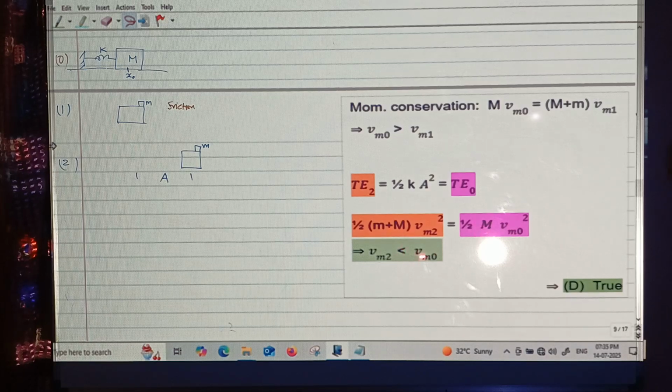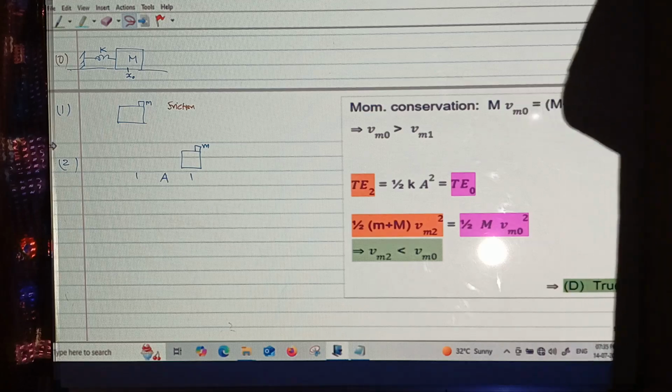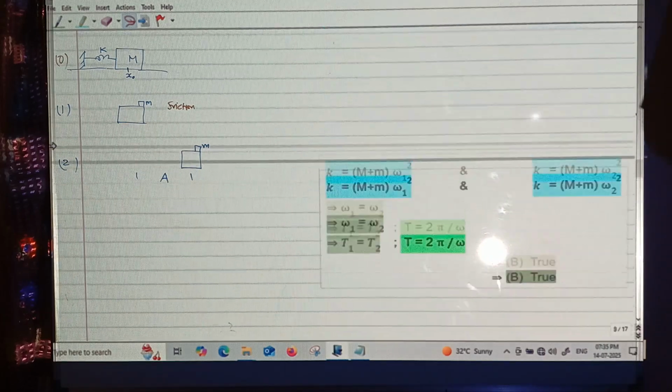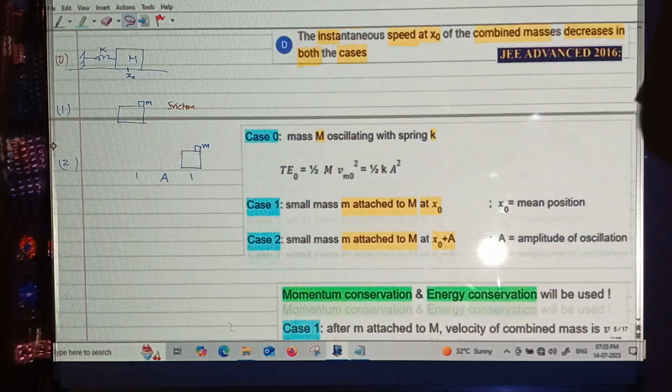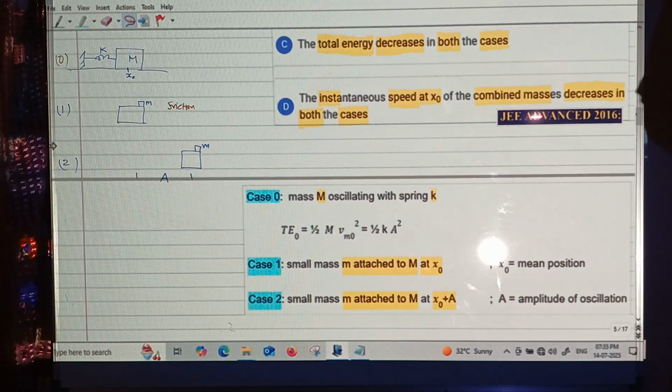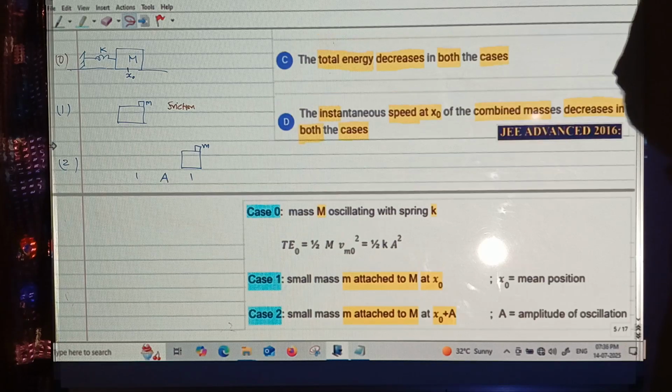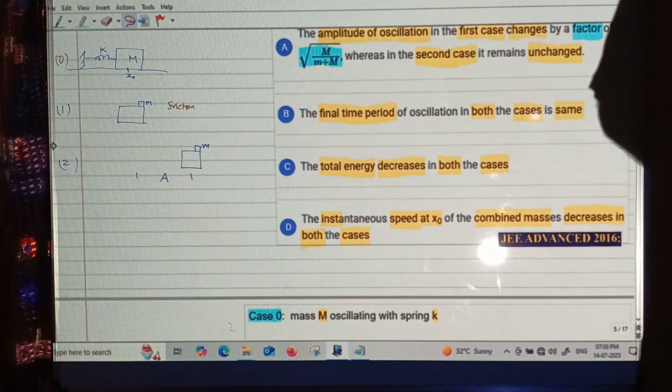So Vm2 is also less than Vm naught. In both the cases the maximum velocity, which is at the mean position, has decreased. So option D is true. So the correct options are A, B and D. C is false.